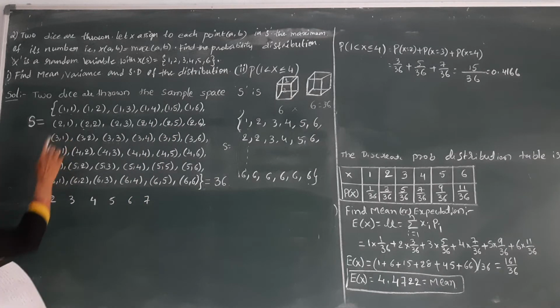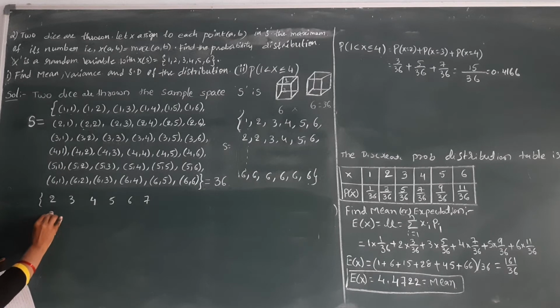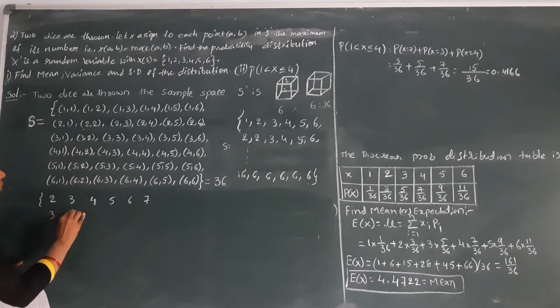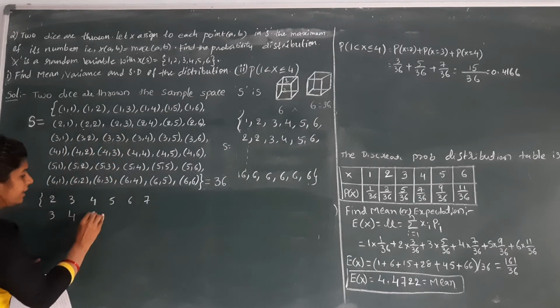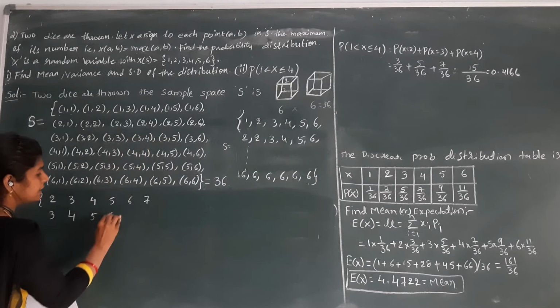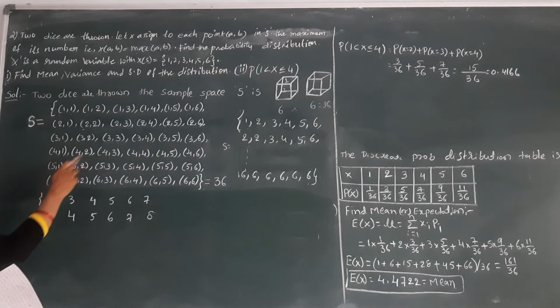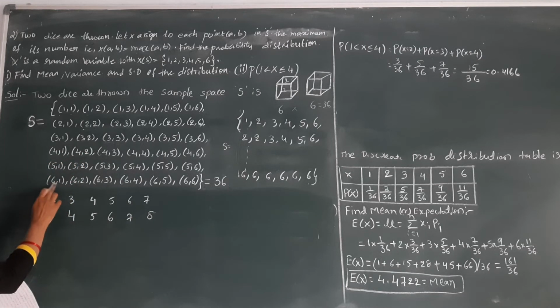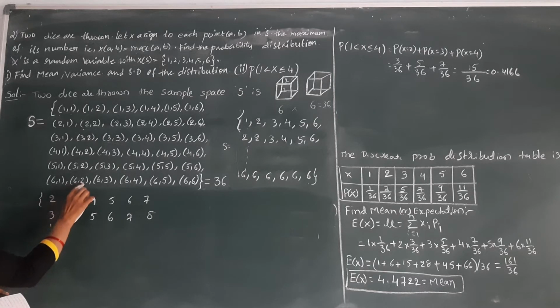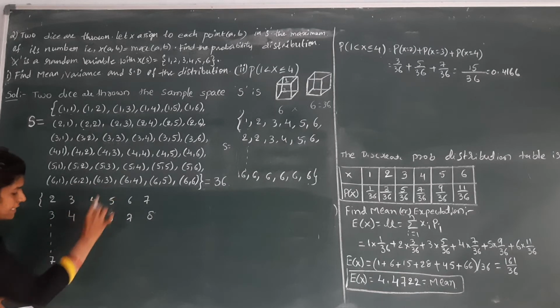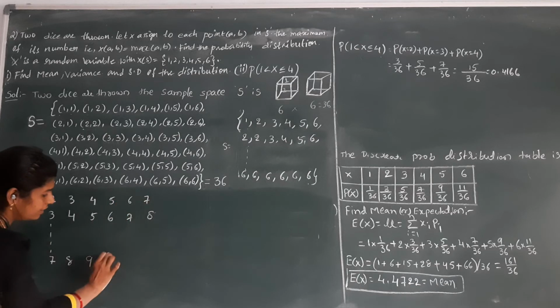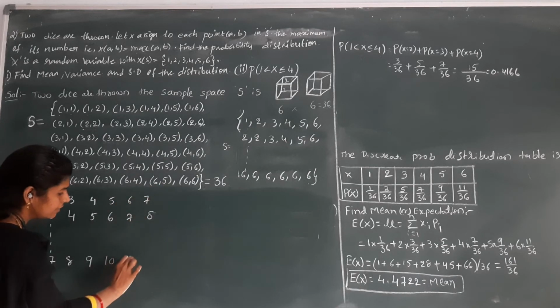Next 2 plus 1 is nothing but 3. 2 plus 2, 4. 2 plus 3, 5. 2 plus 4, 6. Next 7, 8. Like this, add all the numbers. See the last one. 6 plus 1, 7. 6 plus 2, 8. 6 plus 3, 9. Next 10. Next 11.